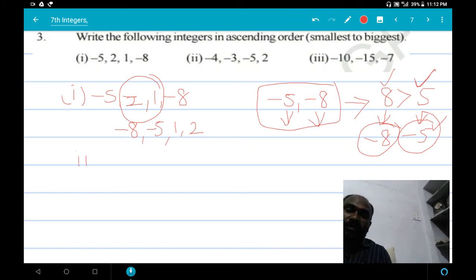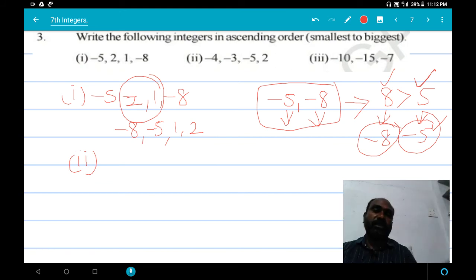Okay, I hope you understood this problem. When comparing negative numbers, not positive numbers, we can't forget this: 8 is greater than 5. We know this.